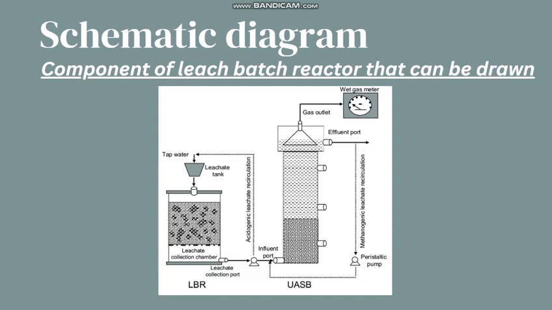For this schematic diagram of the Leach reactor, the components that can be drawn are the leach tank, influent port, peristaltic pump, and leach collector chamber.